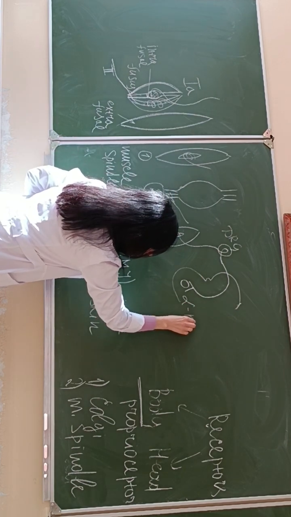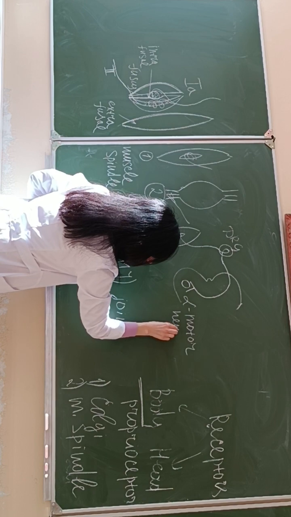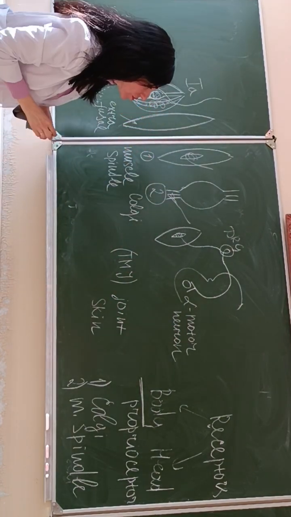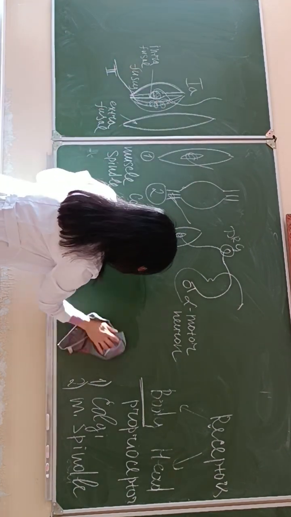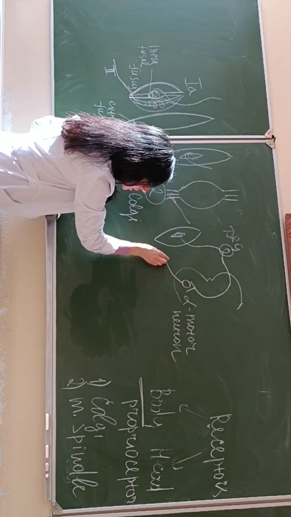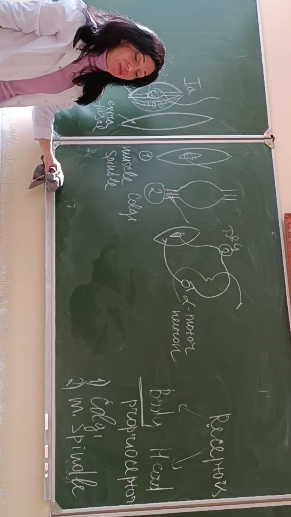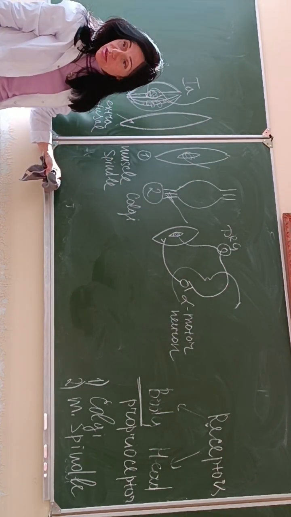Alpha motor neuron innervates extrafusal muscle fiber, triggering their contraction.